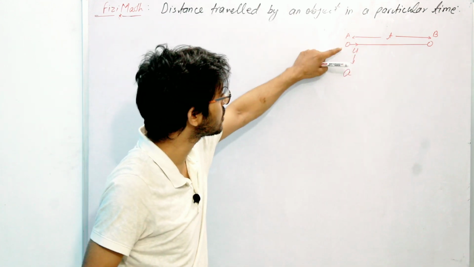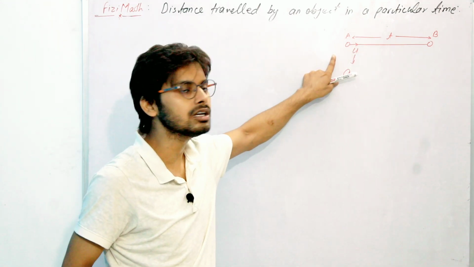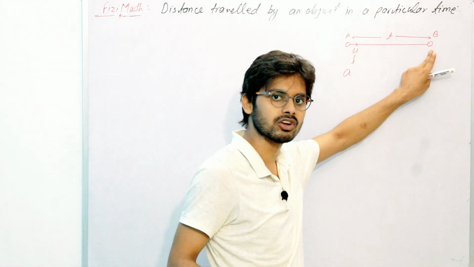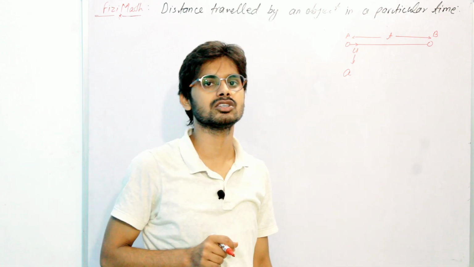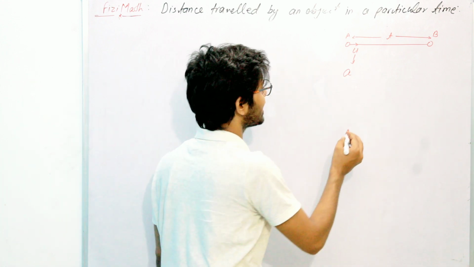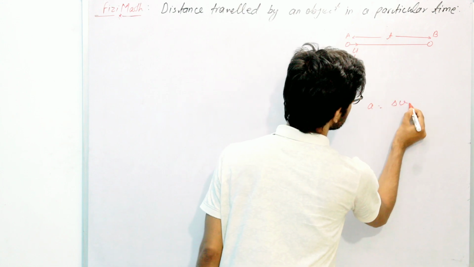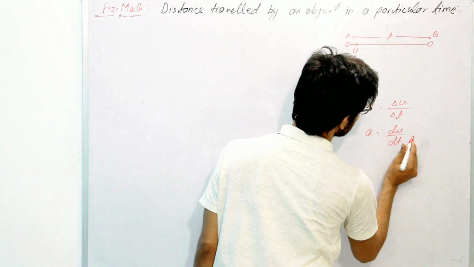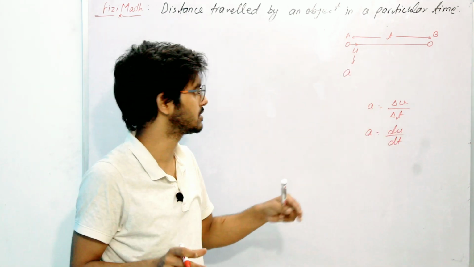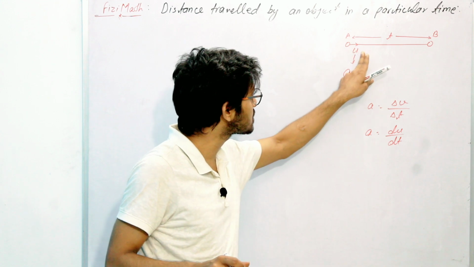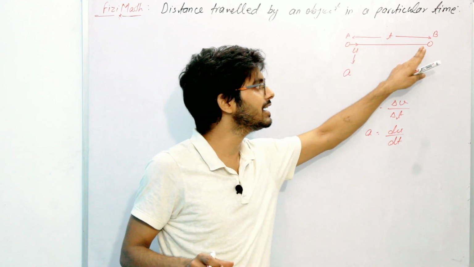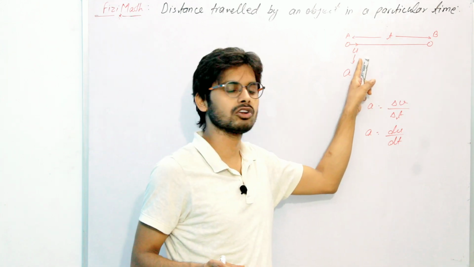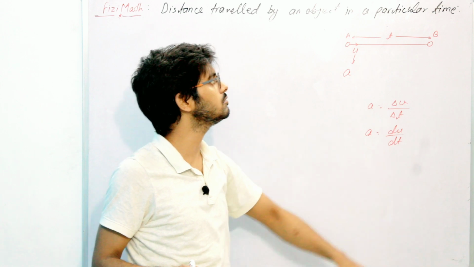For the initial velocity, a is equal to du upon dt, whereas when it reaches point B it has a final velocity, and acceleration can be defined as a is equal to dv upon dt, or a is equal to delta v upon delta t. So an object starts moving from point A and reaches point B with initial velocity u, taking a time t.